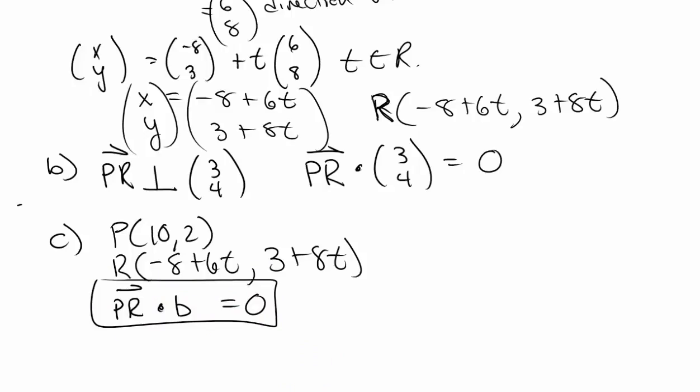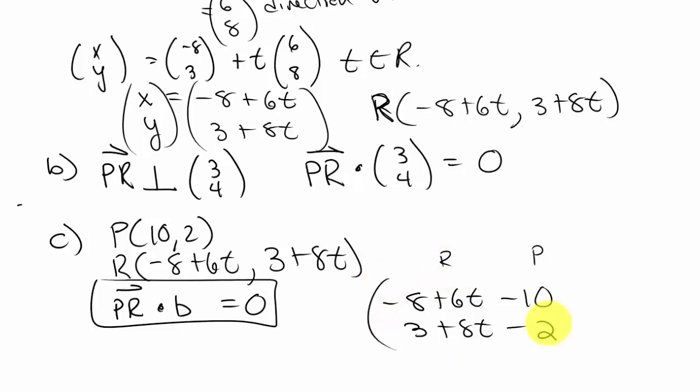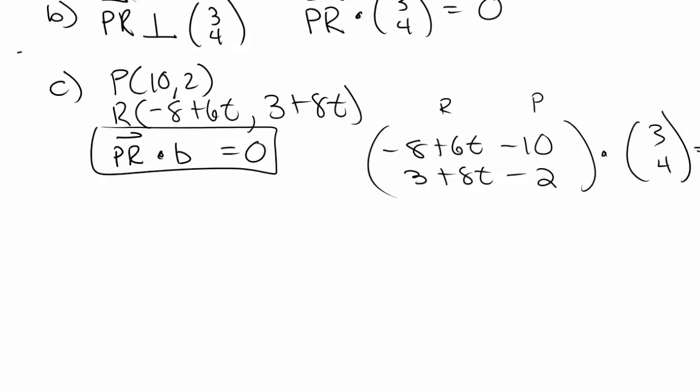Well, b was given in the question, and PR we can find by subtracting. So -8 plus 6t, that's the R, the x component, minus 10. 3 plus 8t minus 2. So this is our P and this is our R. Times 3, 4 is equal to 0. So now I'm going to simplify and do the dot product.